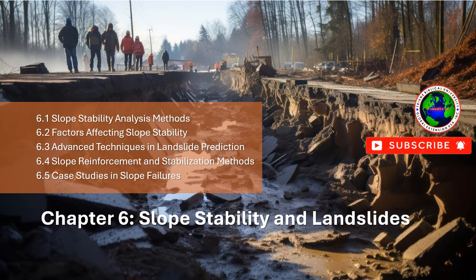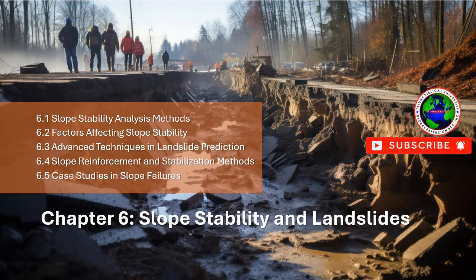6.2.1 Soil Properties. Soil properties play a fundamental role in determining the stability of a slope. The characteristics of the soil or rock that make up the slope directly influence its ability to resist failure. Key soil properties. Shear strength.